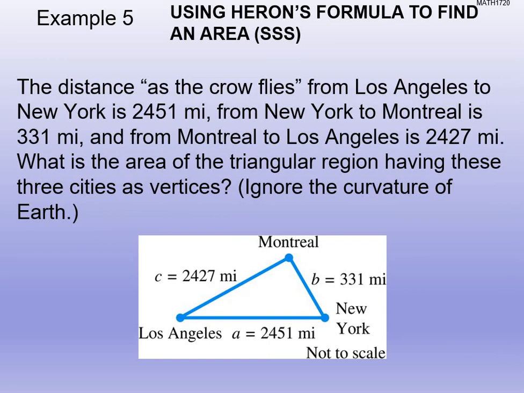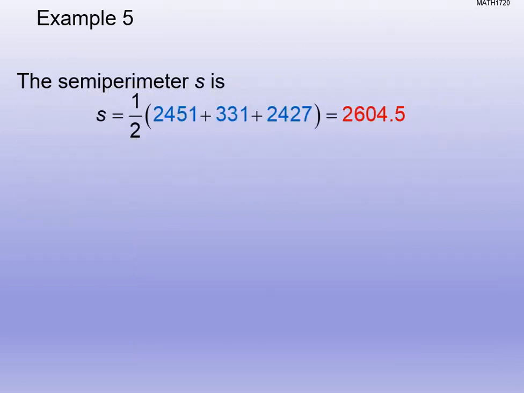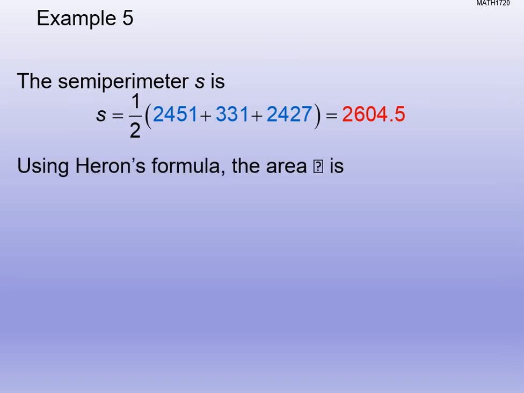Step 1, find the semi-perimeter. Step 2, substitute it into the equation. The semi-perimeter is 1/2 times 2451 plus 331 plus 2427, so we get a semi-perimeter of 2604.5. Then we substitute into Heron's area formula.